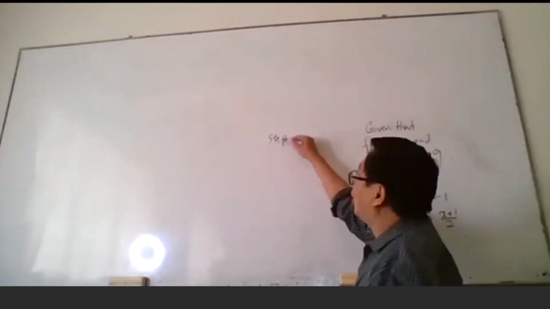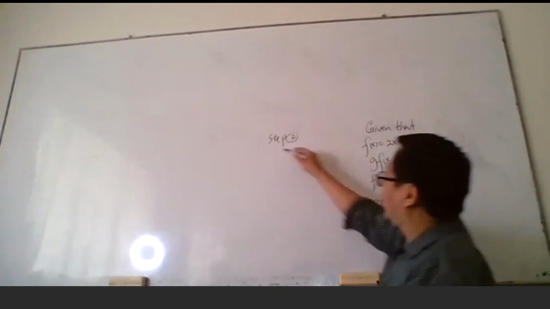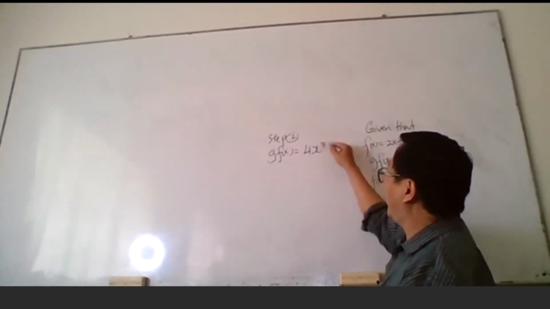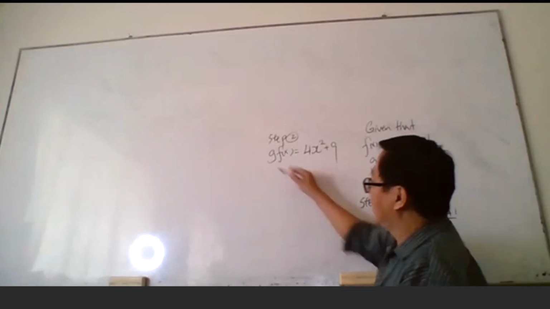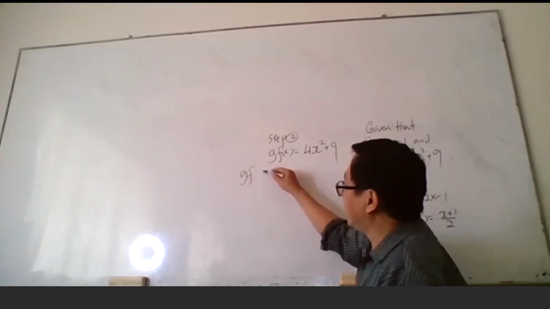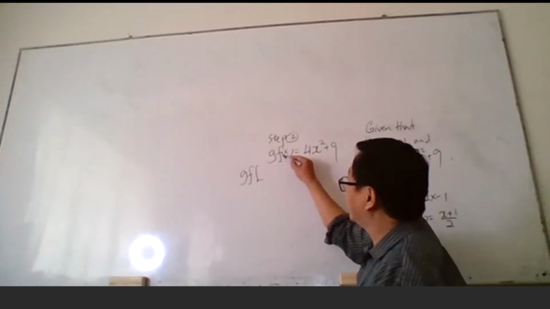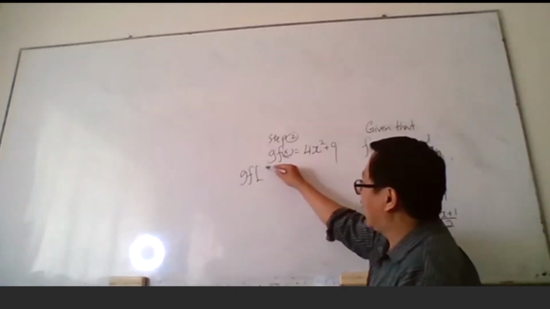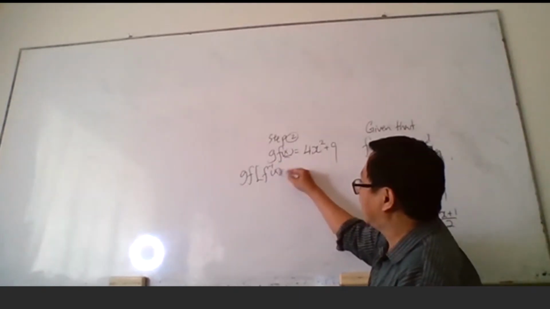Step 2, I will use my composite g f(x) equal to 4x squared plus 9, and g f remain. So I will put in the inverse into that. So I will put f inverse x.